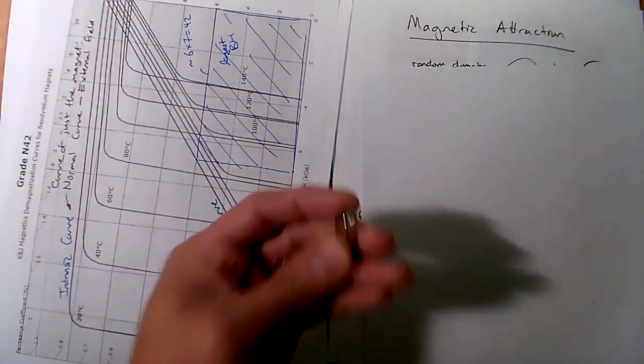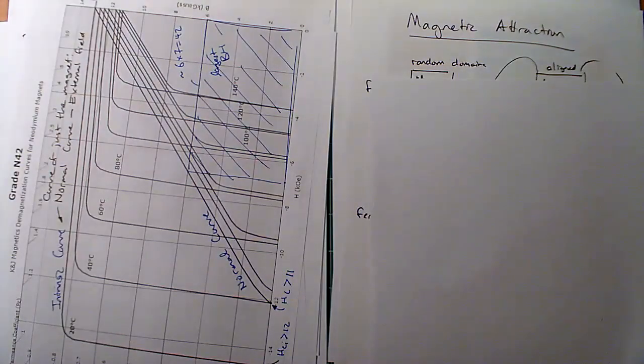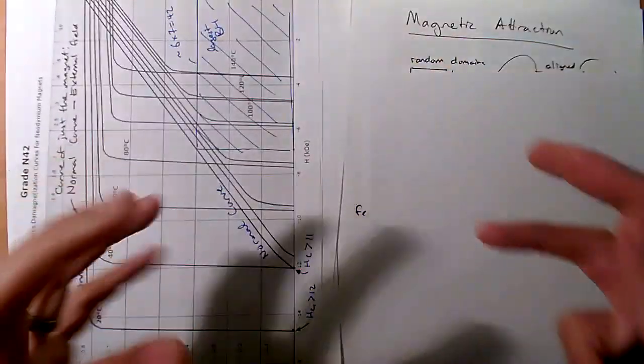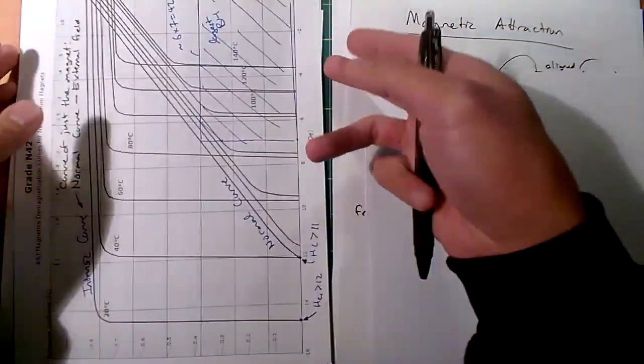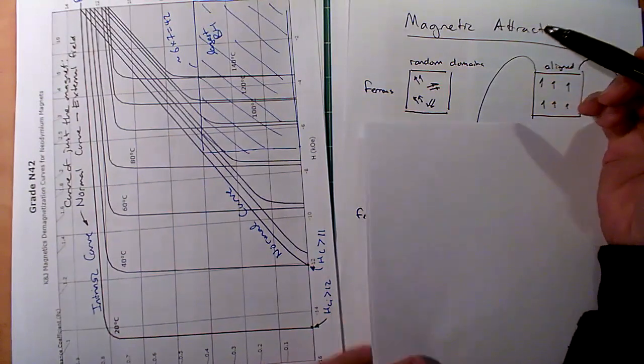Okay, let's keep looking at these magnets. You guys will be dealing with these when you build your motors, but it's good to have, at the tip of the iceberg, some understanding of what's going on with these things, right? So let's look at magnetic attraction.